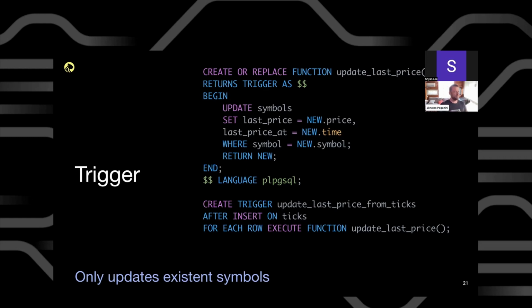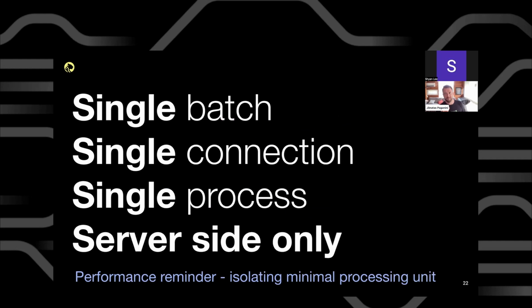So let's move on. And just remember, we are in a single batch, single connection, single process, and we are server side only. What does it mean? It means that we are not creating the data in a CSV on my computer and sending it through the internet.